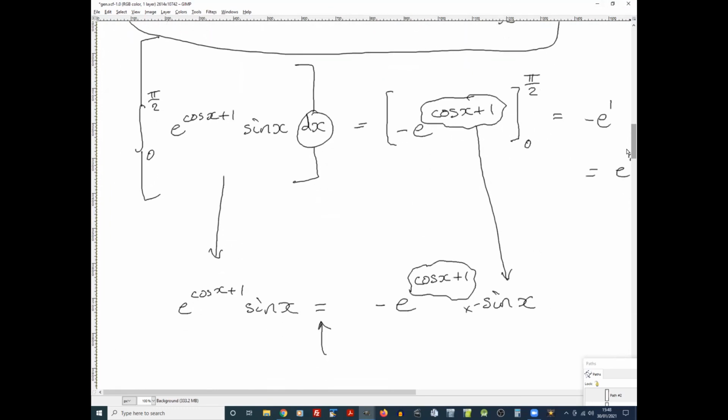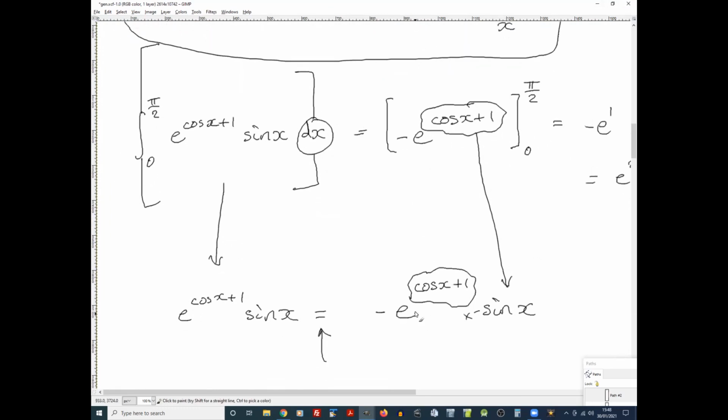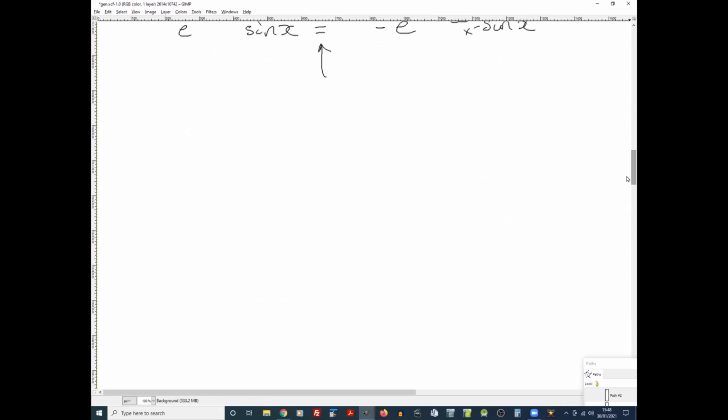But the integral is basically a process of working backwards through the chain rule. Even if you end up preferring a U substitution over this kind of logic, do be aware that that's the logic behind it, working backwards through the chain rule. Okay?